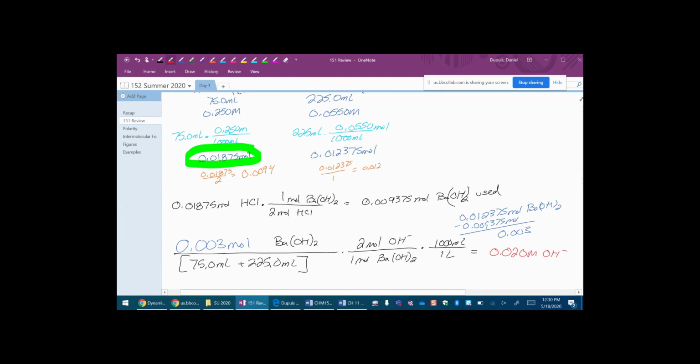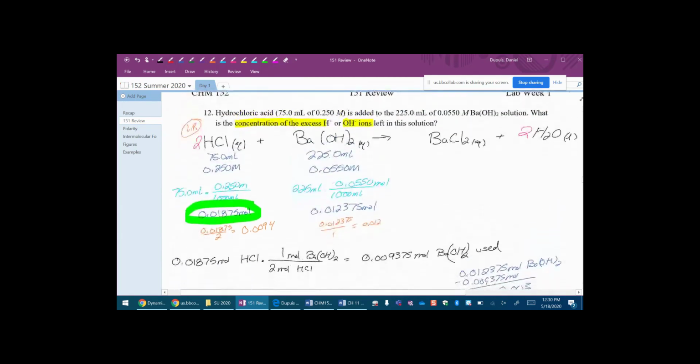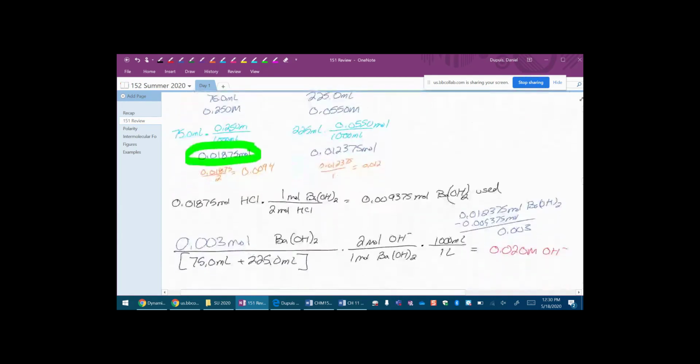Do I have 2 sig figs or 3? 3. So 0.02. That's a tough Chem 1 problem.